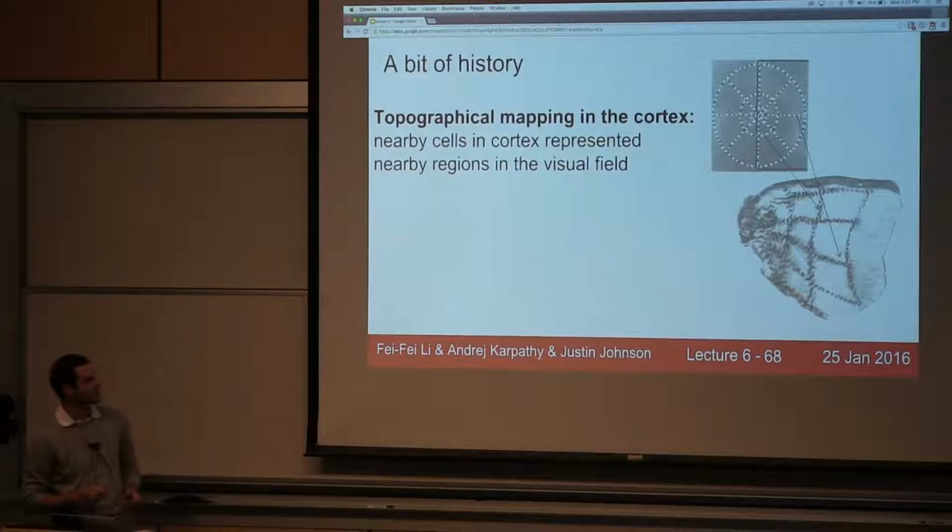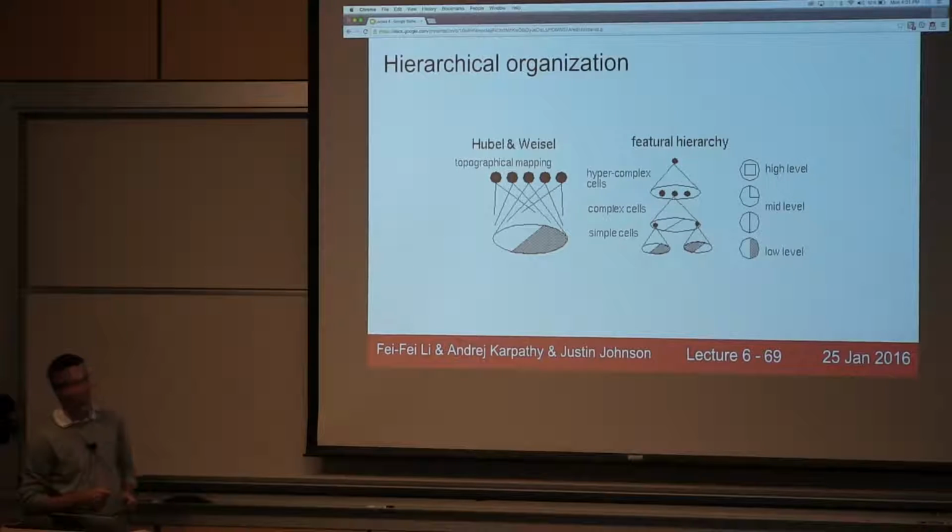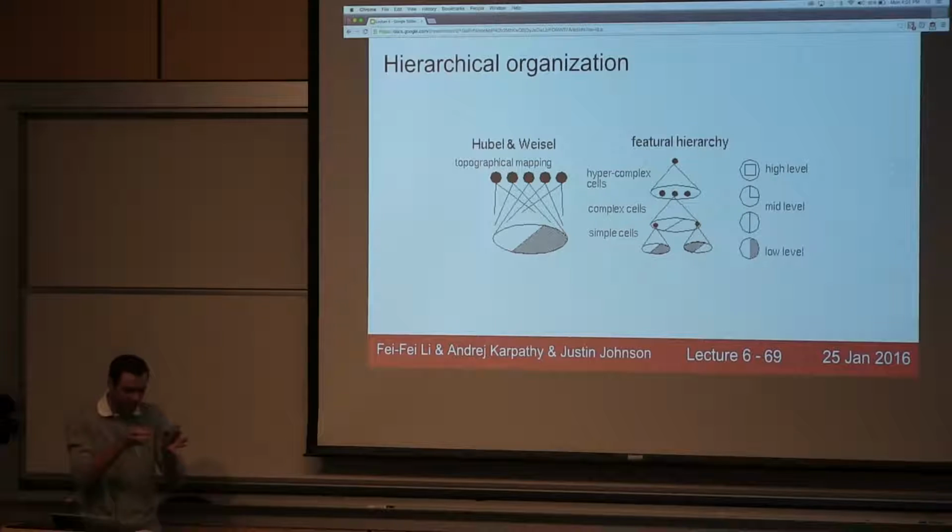And so they hypothesized through all of these experiments that the visual cortex has this kind of hierarchical organization where simple cells feed into other cells called complex cells, etc. And these cells are building on top of each other. These simple cells in particular have relatively local receptive fields, and then we're building up more and more complex representations in the brain through successive layers of representation.